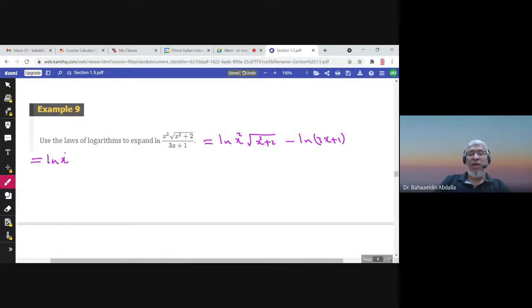So I will have ln x square plus ln x square plus 2 under the square root, or to the power half, minus ln 3x plus 1. Finally, I use law 3 to take the powers out. So I will have 2 ln x plus half ln x square plus 2 minus ln 3x plus 1. And this is expanding.